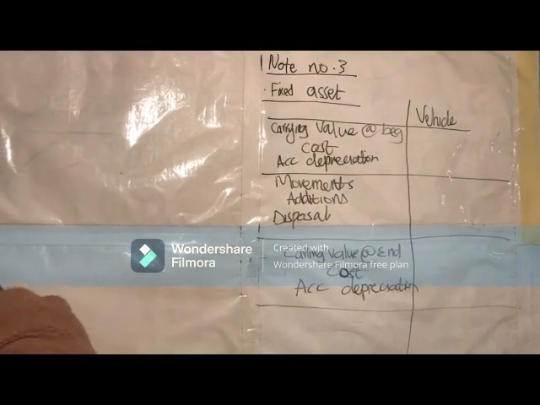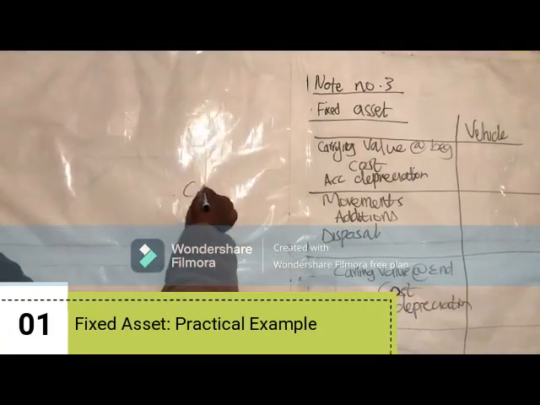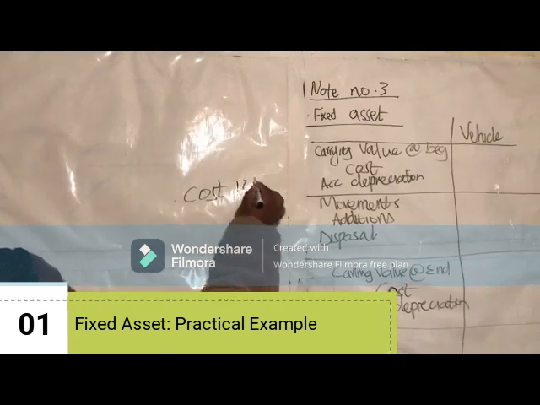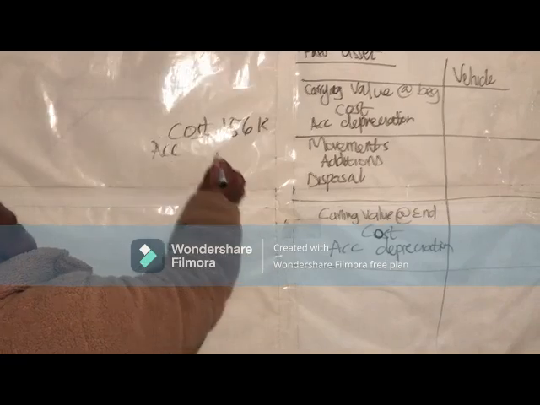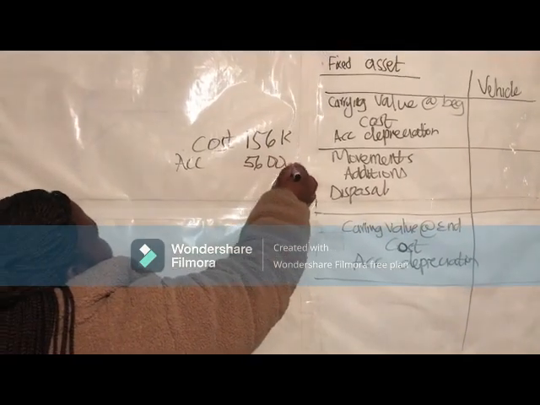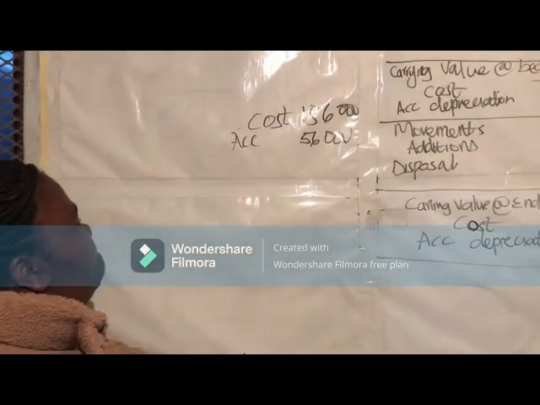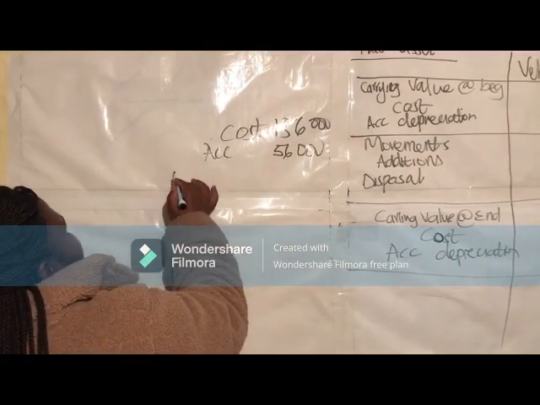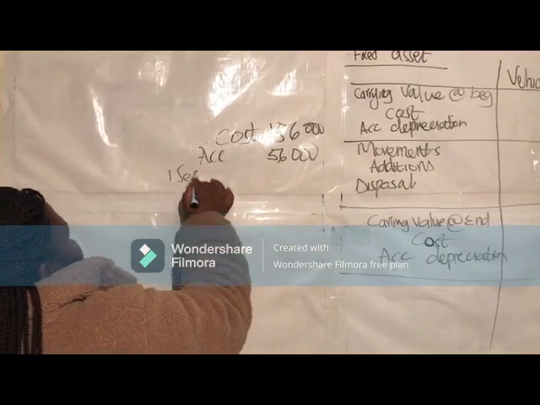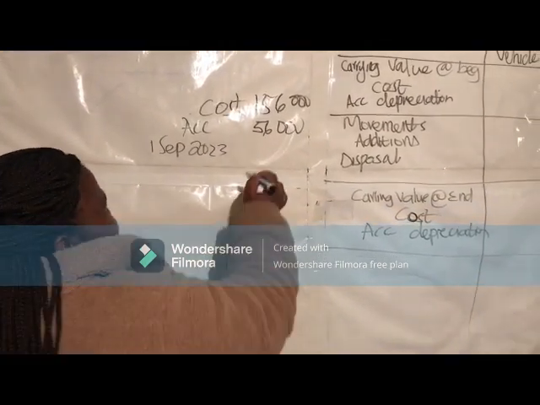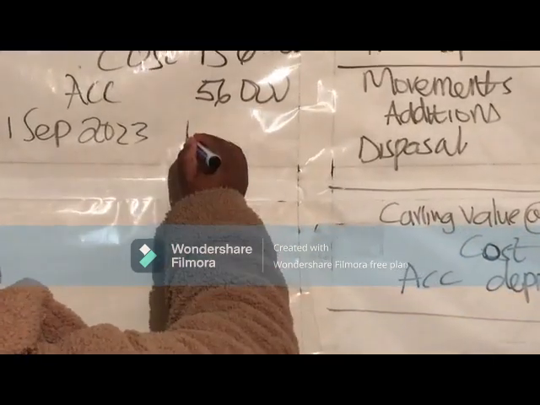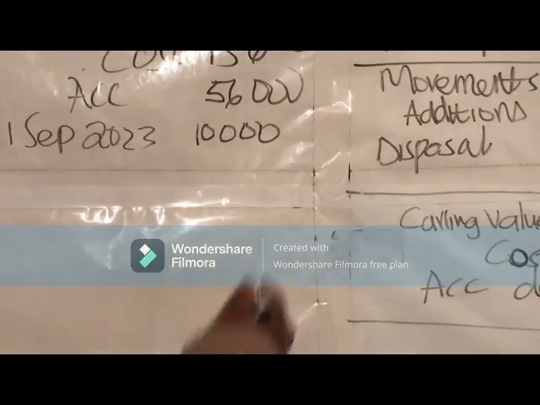Let's say that we have at the beginning the cost price of a vehicle. The cost price is 160,000. And then the accumulated depreciation is 56,000. This K is standing for 1,000, okay? And then they also tell us that during the year, maybe they say on the 1st of September 2023, they bought an additional vehicle, and it was 100,000.